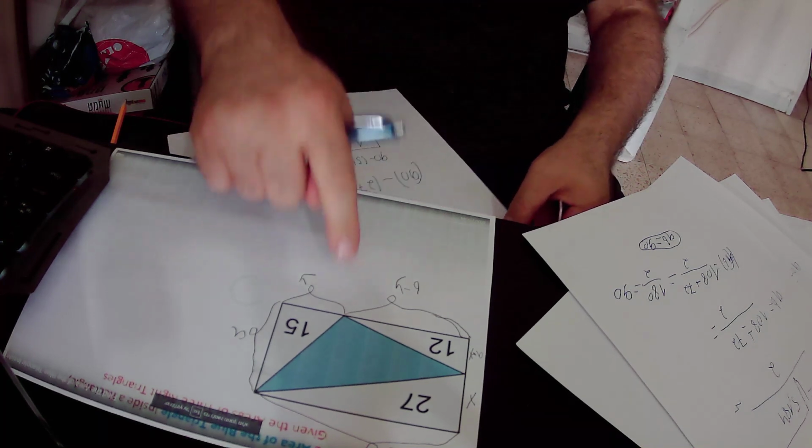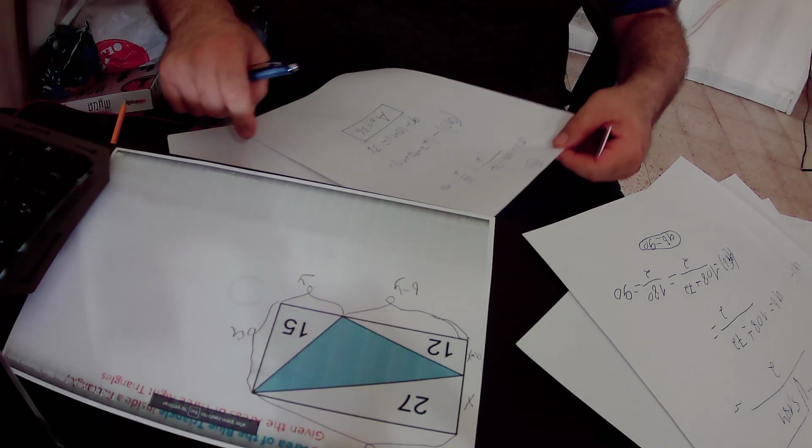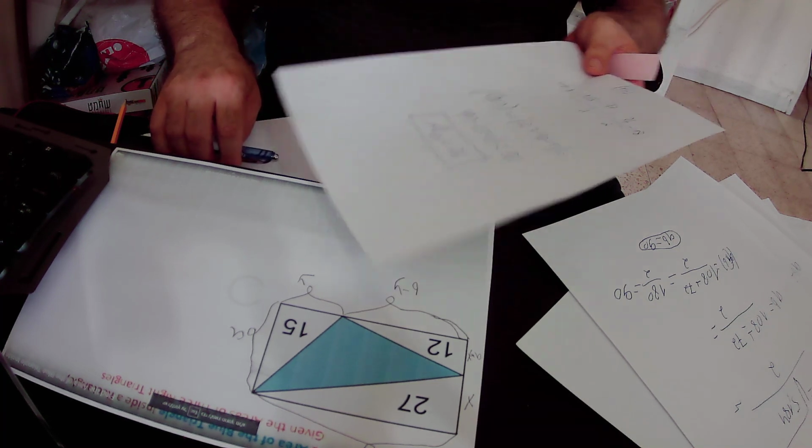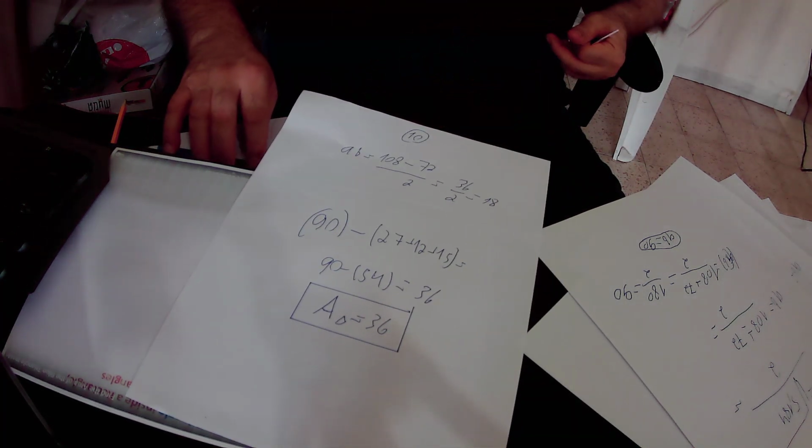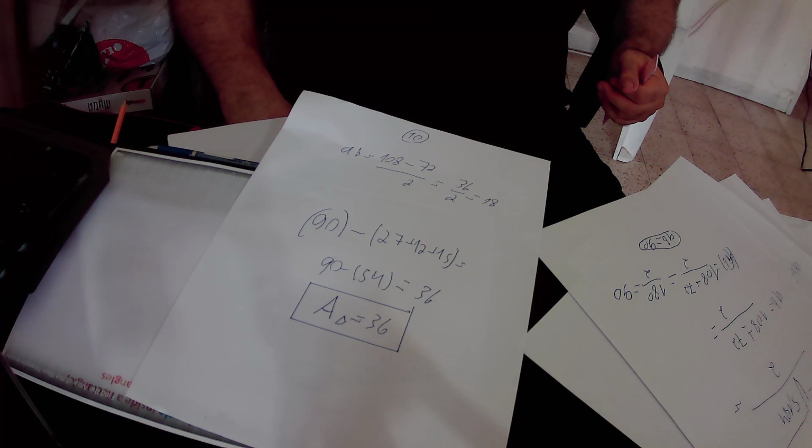Okay, so the area of this blue triangle equals 36 units.